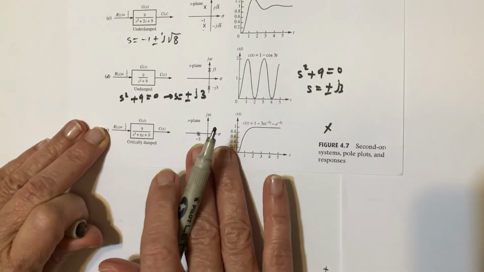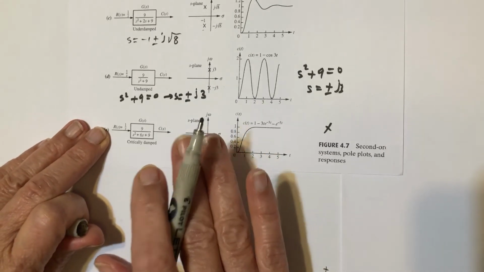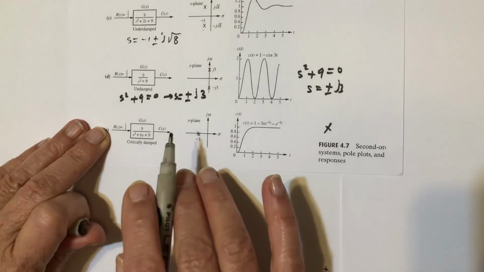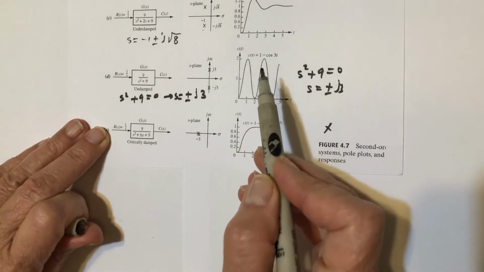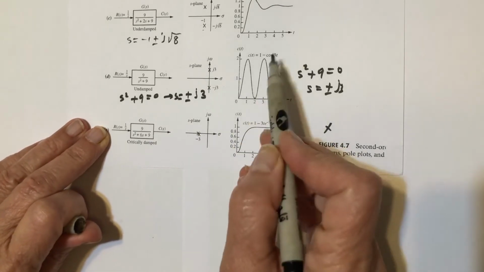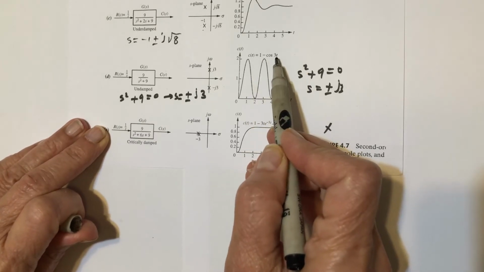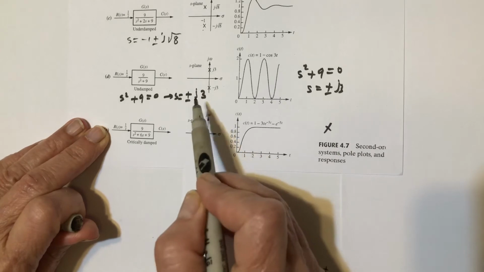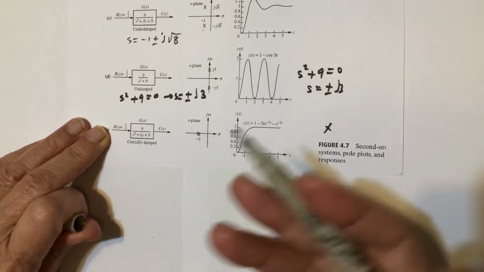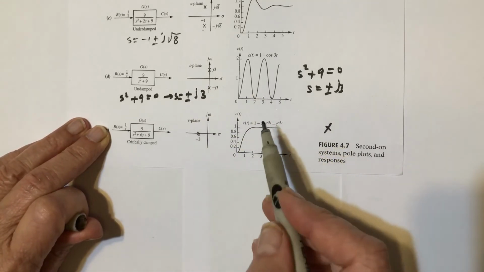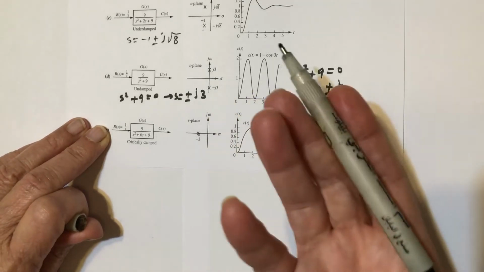Once we have a root on the j omega axis, and it doesn't have a real part, this means that we have a pure sinusoidal response. Look at it. This is the one for the step, and minus 3 cosine 3t is for this one. This system is not recommended. This means that you have a system here, but you're not using damping.